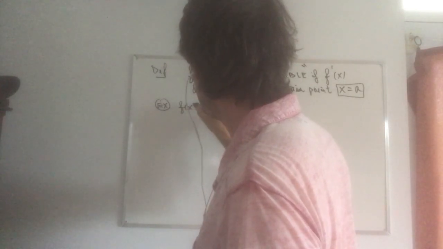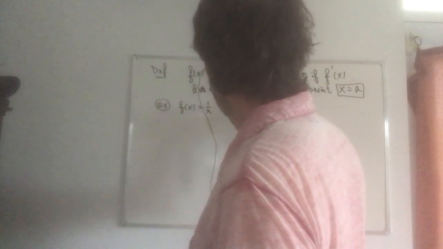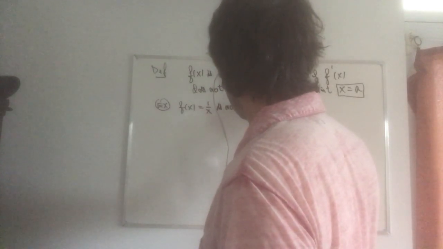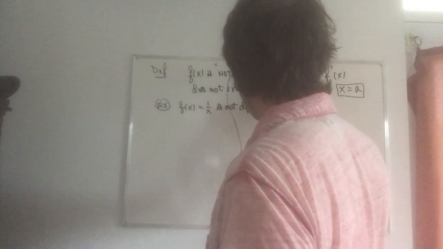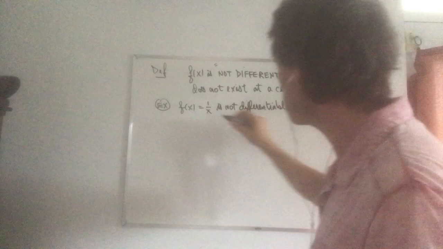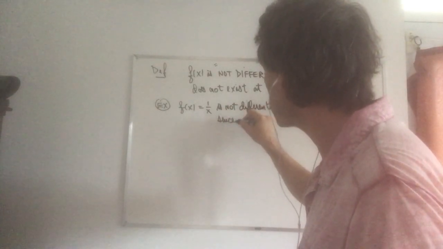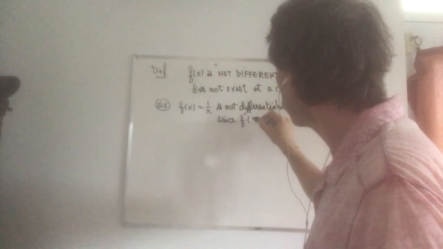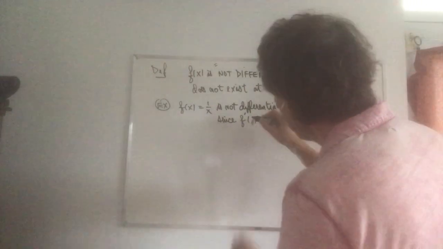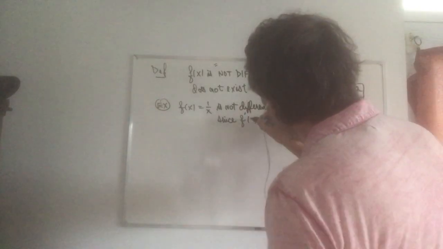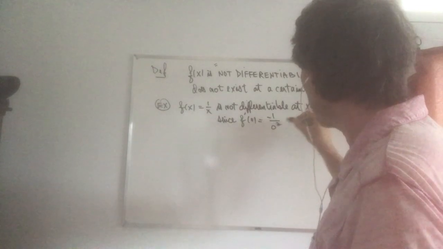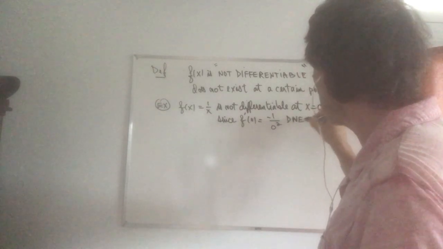Example: f of x is equal to 1 over x is not differentiable at x is equal to 0, since the derivative evaluated at 0, so f prime of 0, is minus 1 over 0 squared, which does not exist.